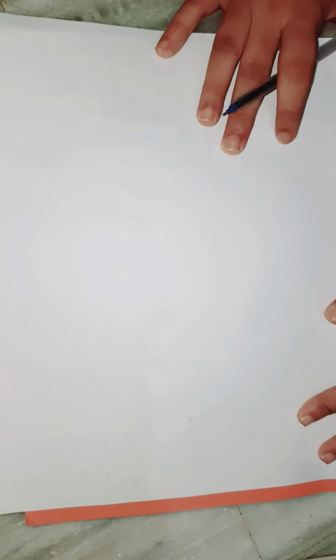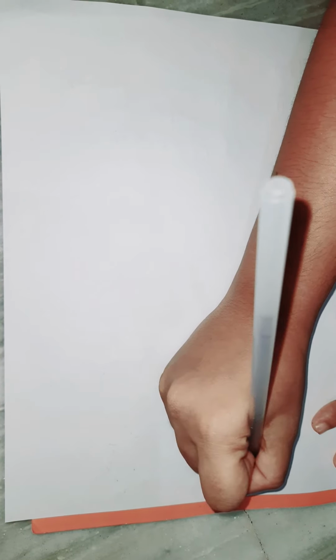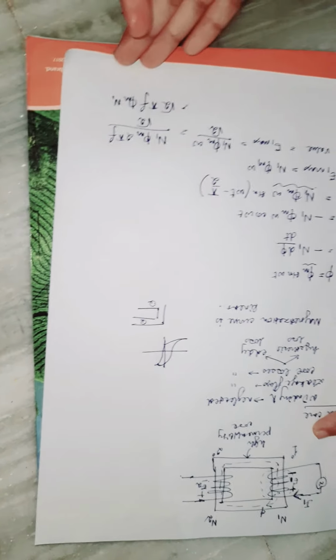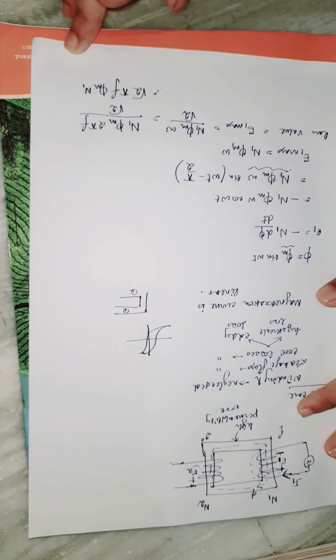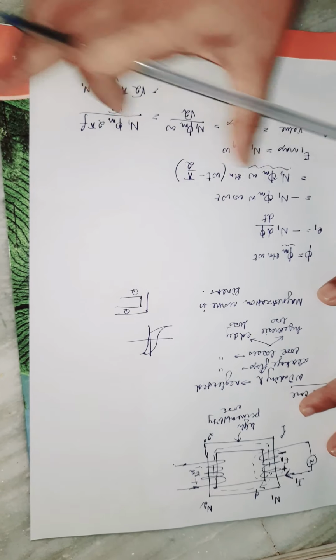Just like E1 was produced due to change in alternating flux, similarly E2 is also produced due to change in the same alternating flux, and this time it links N2 turns. So just like we had derived it here, there is no need to repeat it. We can simply write it as N2 phi m omega sin(omega t minus pi by 2).